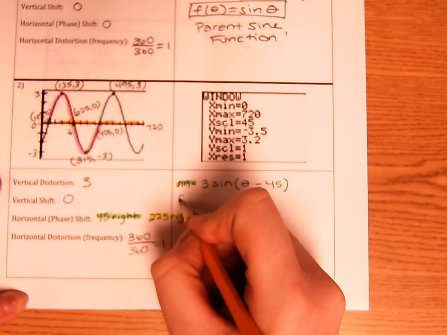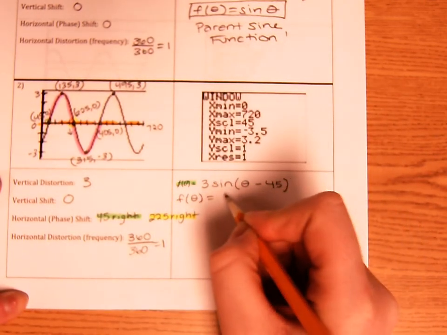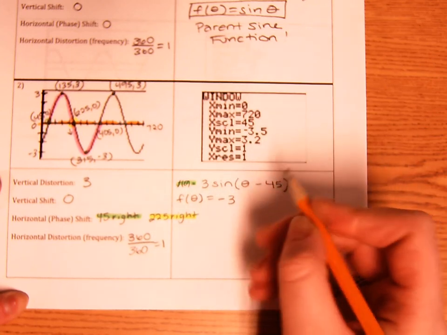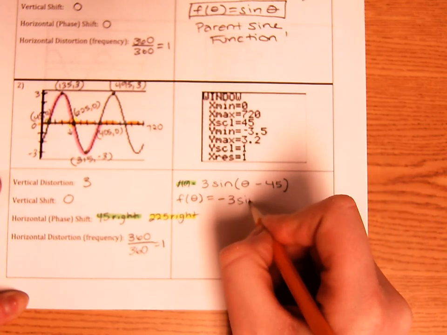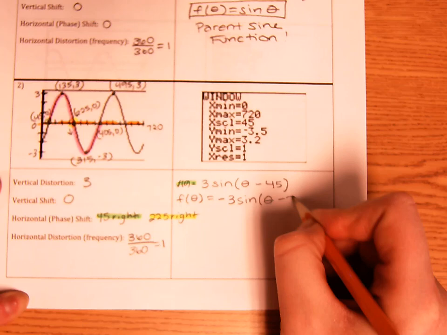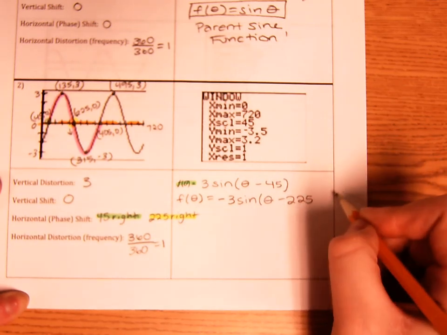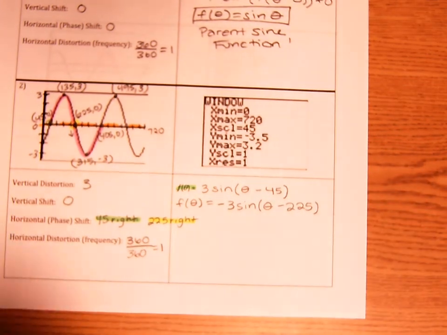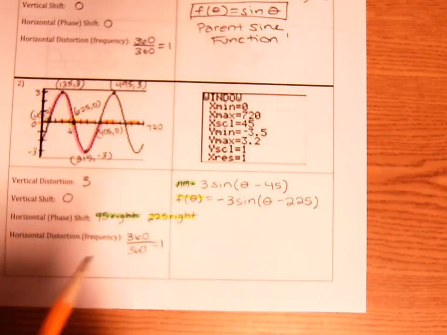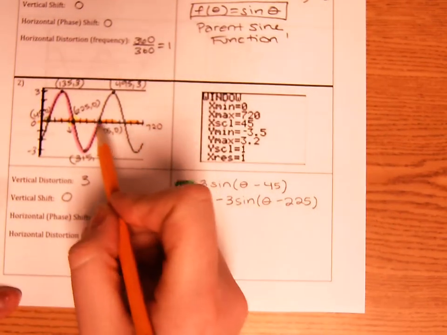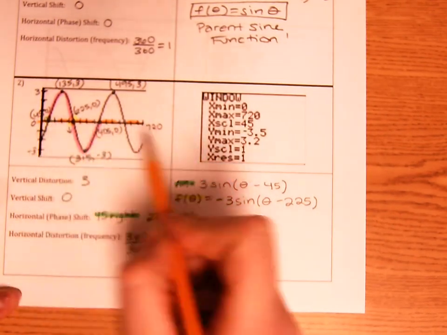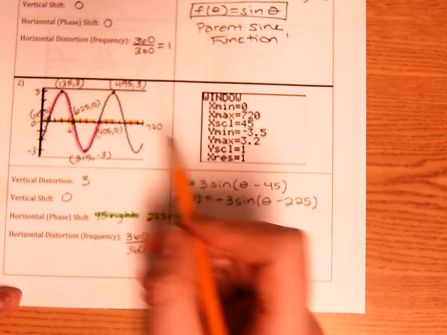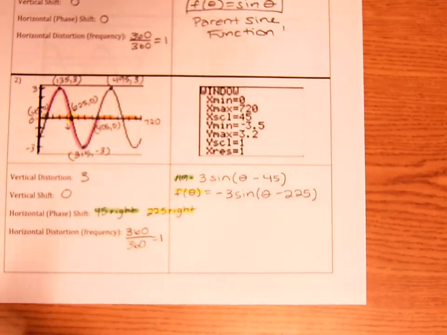So my function, f of theta, I need to have a negative in front of my a value. So it would be negative 3 sine of theta minus 225. And really, I can keep going with this. If I wanted to model at 405, I can shift to the right 405 degrees, and I would just have a positive a value.